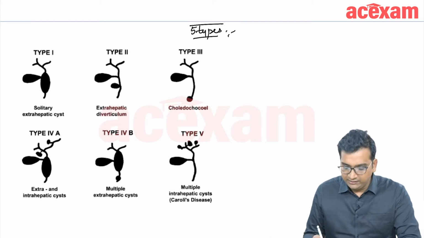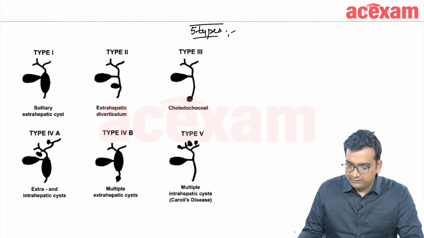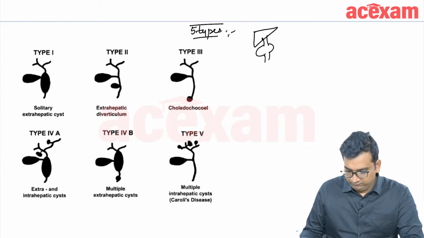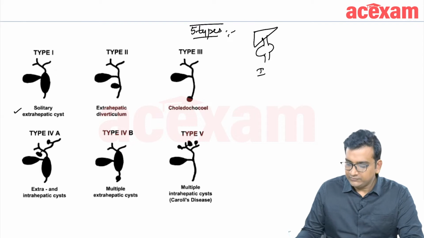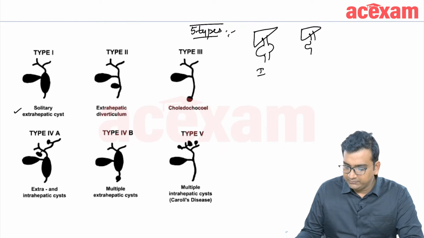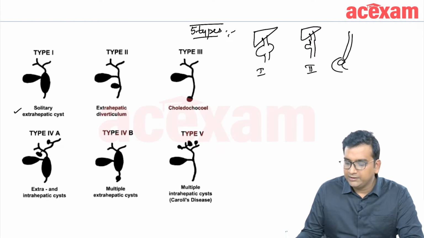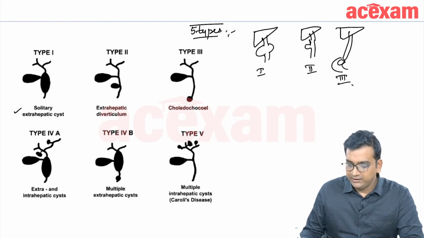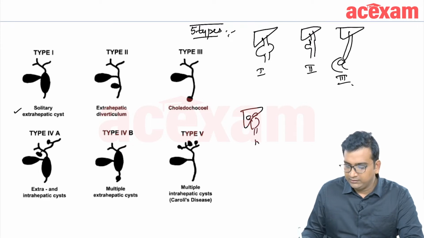So now we'll see here, if there is solitary extrahepatic cyst, then it is type 1. And if there is extrahepatic diverticulum type of cyst, it is type 2. And if the cyst is present in the duodenum or the intraduodenal part of the bile duct, then it is type 3, known as choledococele. And if there is both intrahepatic as well as extrahepatic biliary dilatation, it will be type 4A.